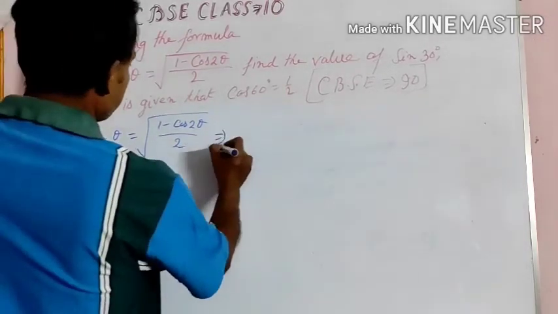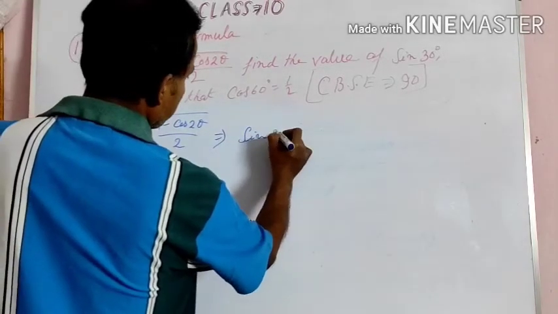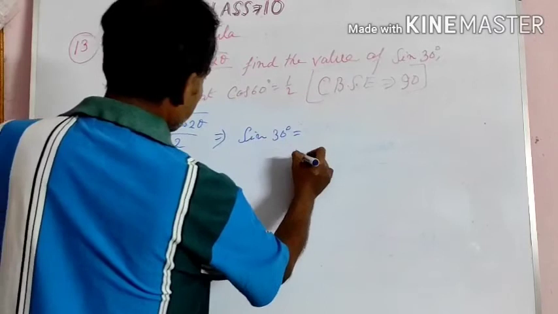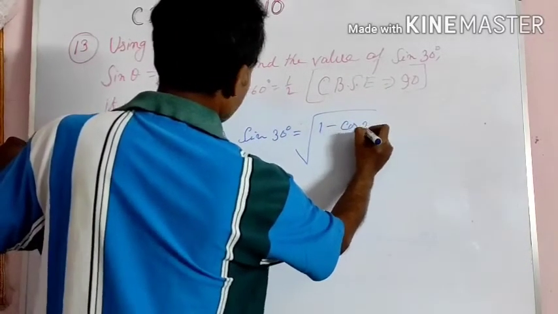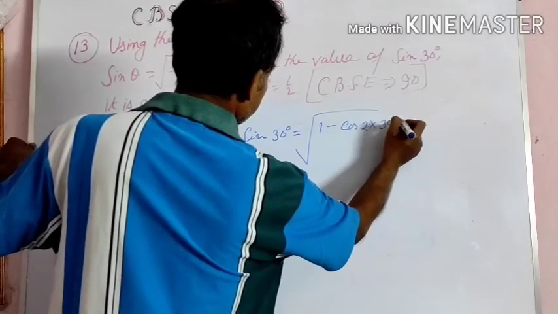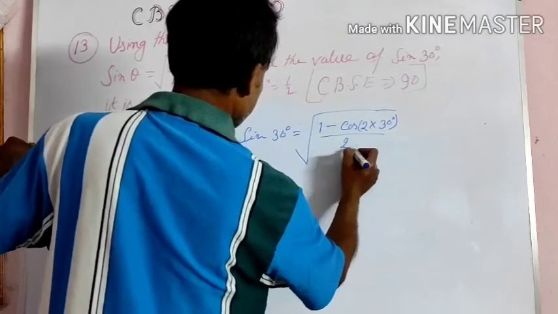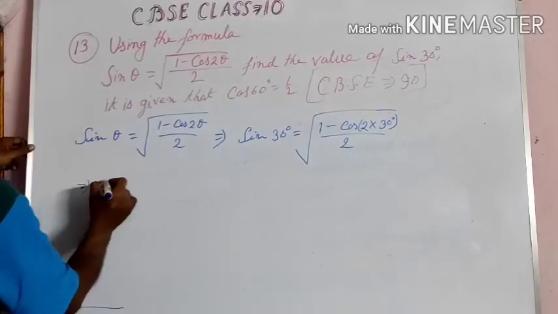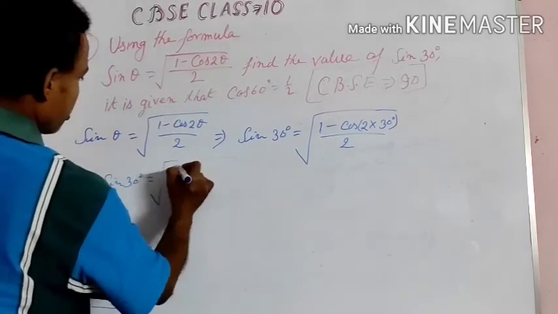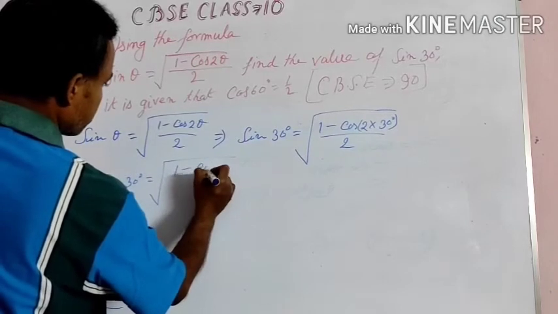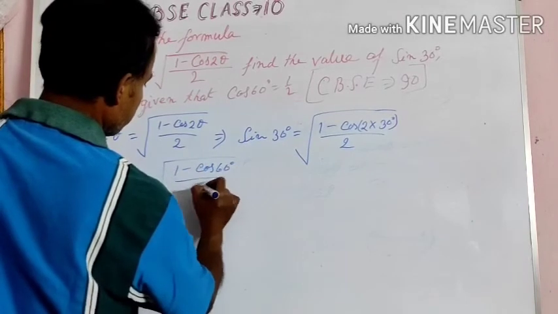So next step, sin theta means sin 30 degree is equal to root over (1 minus cos 2 into 30 degree) by 2, is equal to root over (1 minus cos of 30 into 2 is equal to 60 degree) by 2.